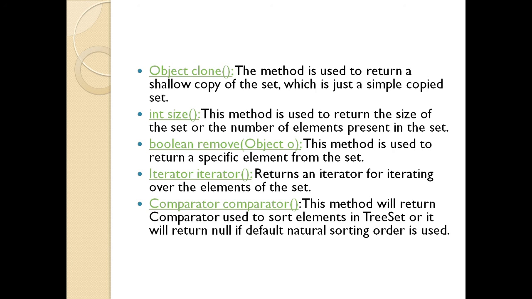Comparator method will return the comparator used to sort elements in the tree set, or it returns null if the default natural sorting order is used. We will be seeing all the methods and constructors of array list, linked list, vectors, hash set, tree set when we do the practicals in Java, and you are going to practice all the methods in detail. So the concepts will be more clear once you do the practicals.